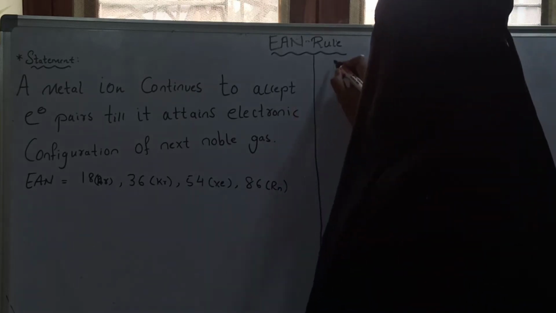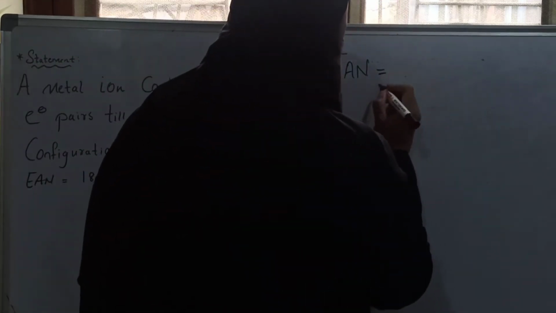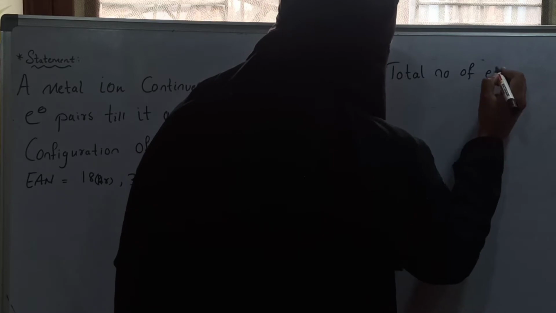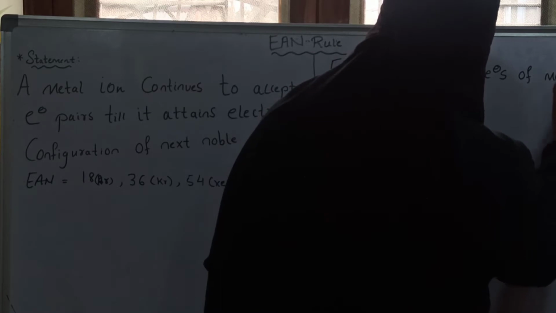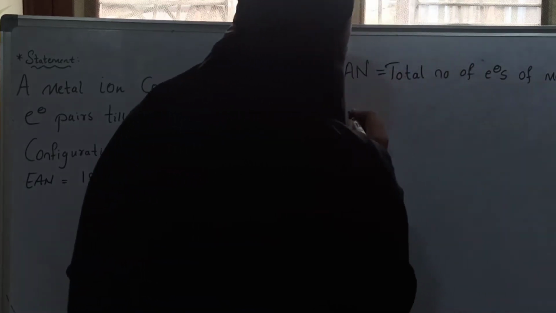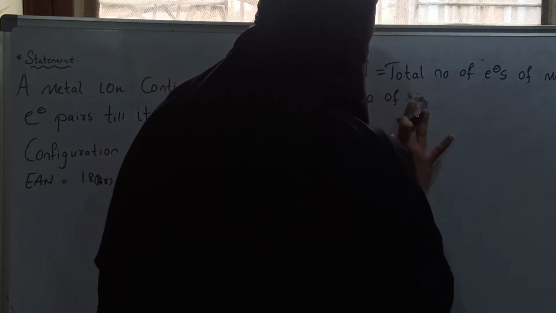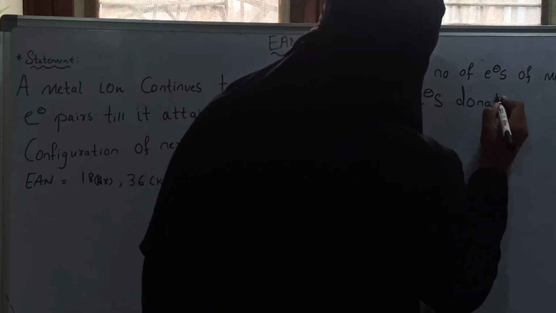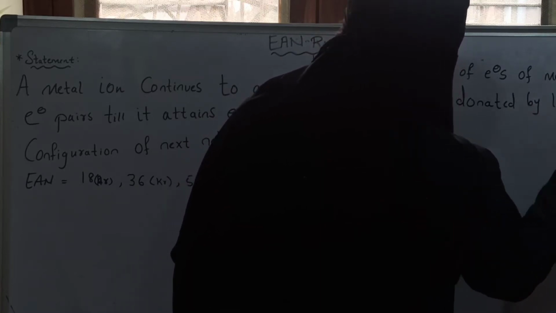And EAN is given by the formula: total number of electrons of metal plus number of electrons donated by ligands.